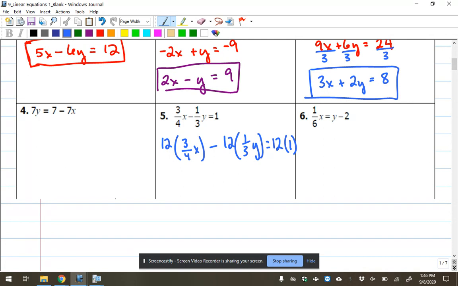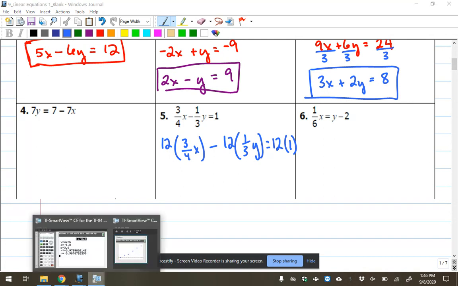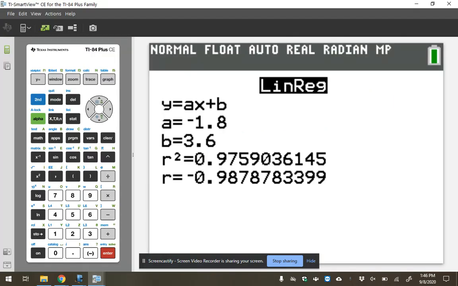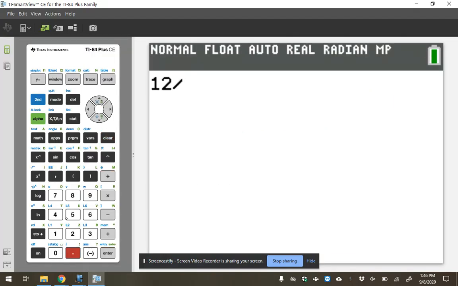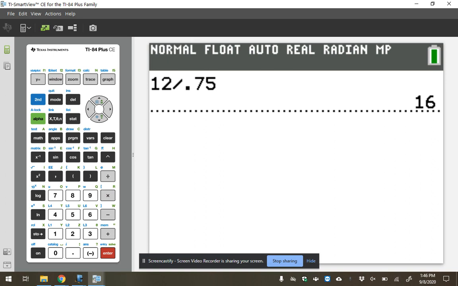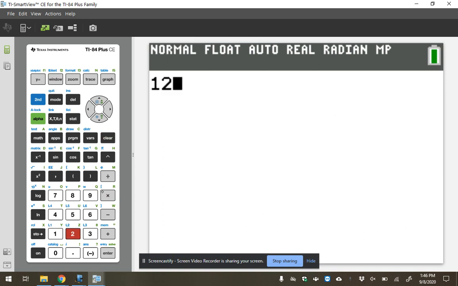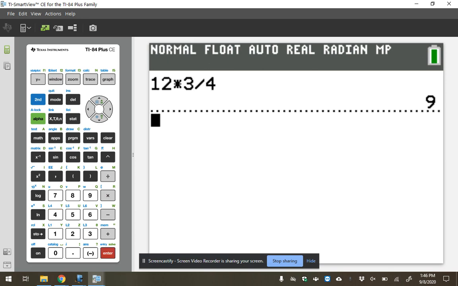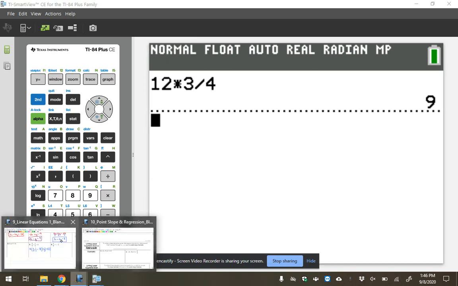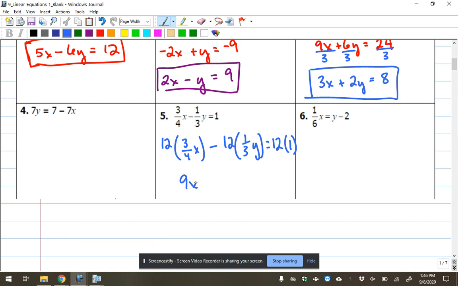So when I multiply 12 times 3/4, it should be 9. I hit the wrong button. 12 times 3/4. There we go. 9, that's right. This would be 9x.